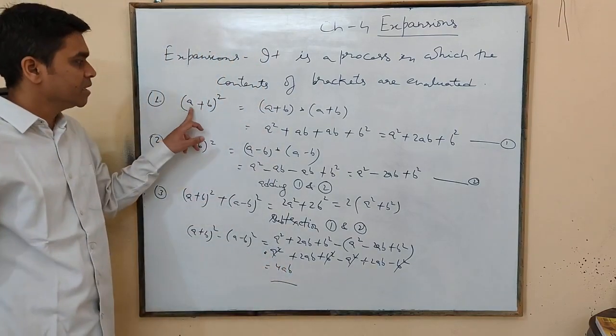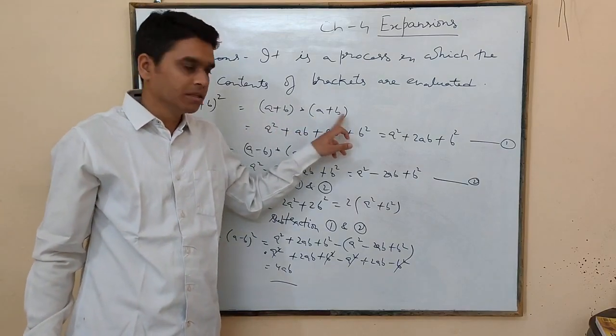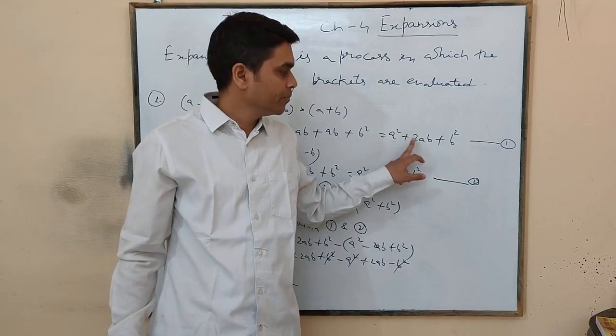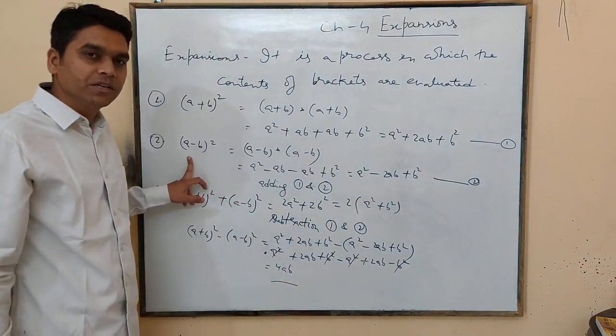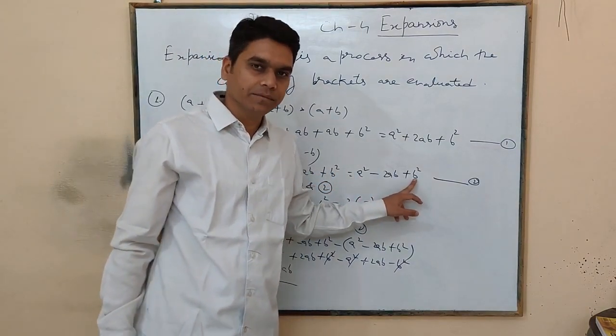Now listen again. The first formula: a plus b whole square is what? a plus b into a plus b. Multiply this, solve. The value is a square plus 2ab plus b square. The second formula, a minus b whole square, is a square minus 2ab plus b square.